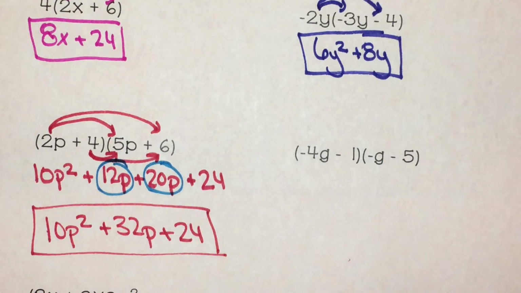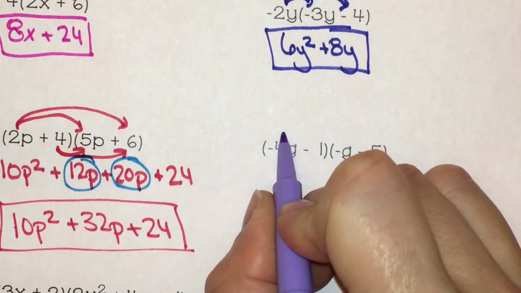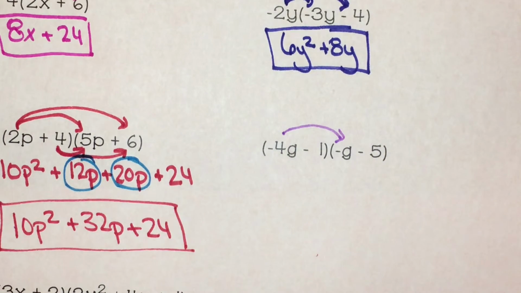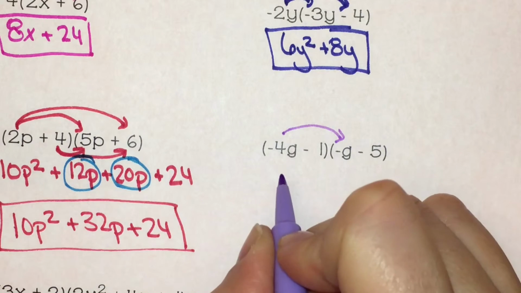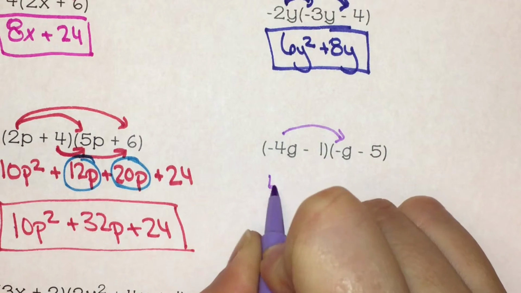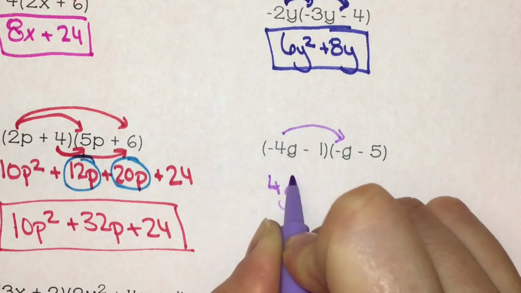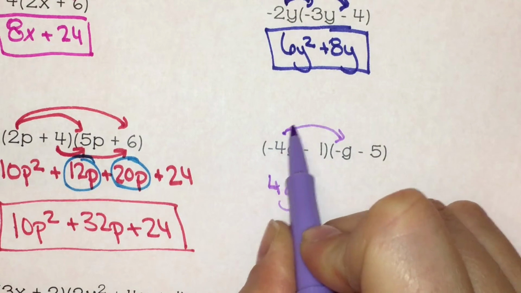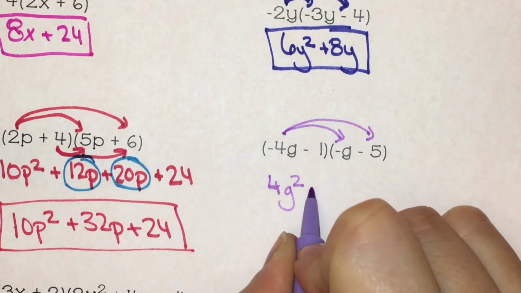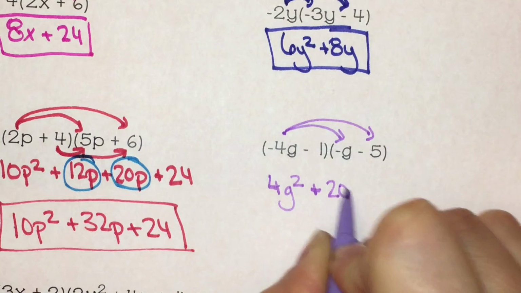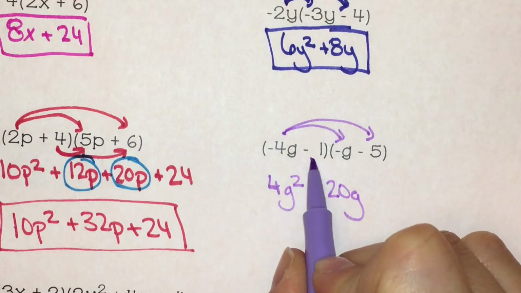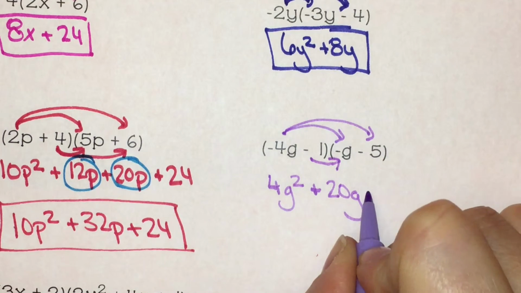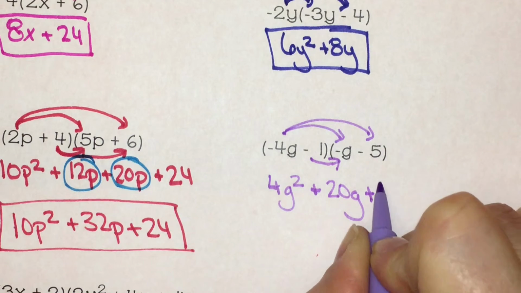All right, then we have negative 4g times negative g. Negative times a negative is a positive, and I have just the 4. g times g is g squared. Negative 4g times negative 5 leaves me with positive 20g. Negative 1 times negative g is positive g or positive 1g.